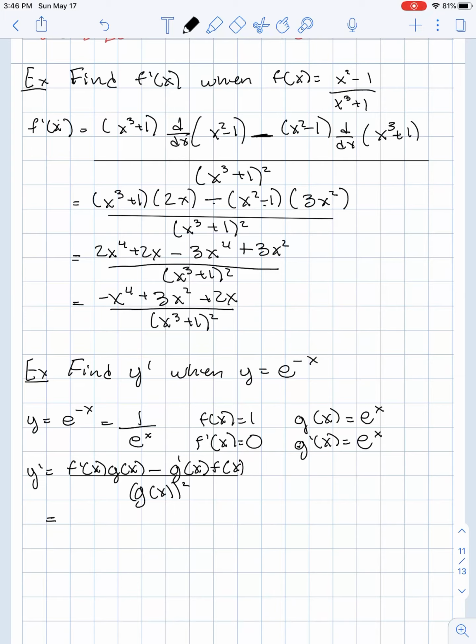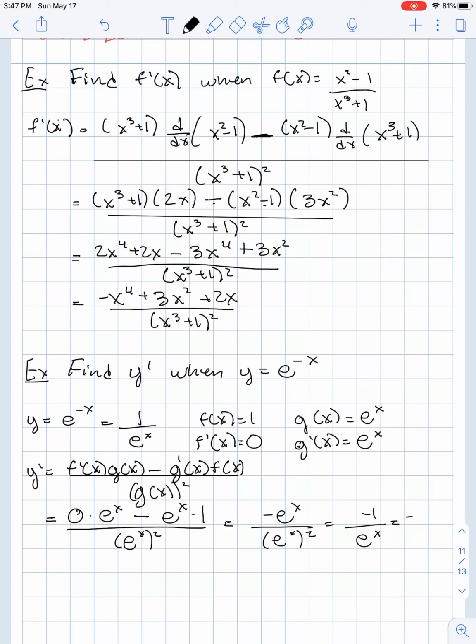So then f prime of x equals 0 times e to the x minus e to the x times 1 over e to the x squared. So then this gives me just negative e to the x over e to the x squared, which simplifies to negative 1 over e to the x.